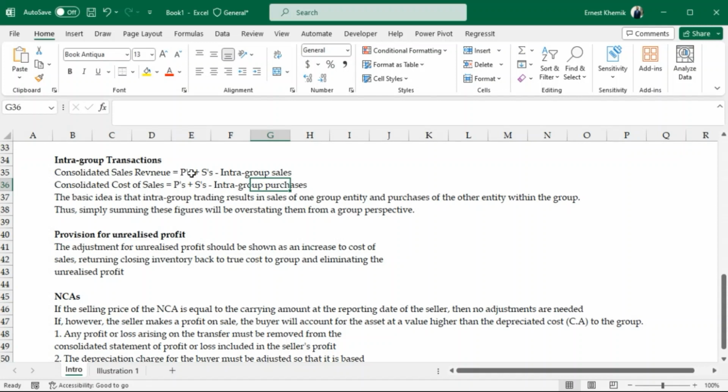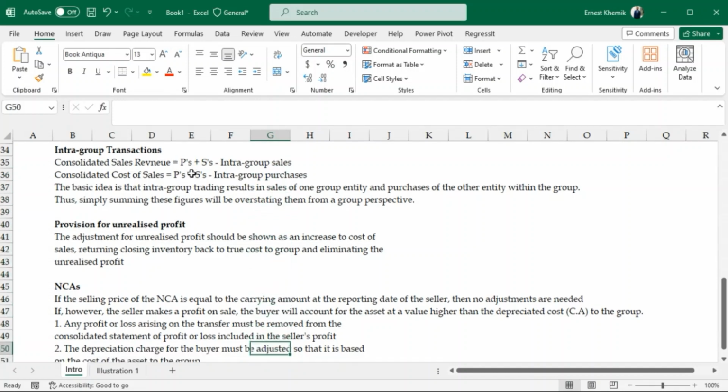Thus, when we simply sum up the sales figures of the two entities, we will be overstating the figure. That particular figure will be overstated by the intra-group transaction that has occurred. So that's why we are eliminating any of those items within the consolidated statement of profit or loss.